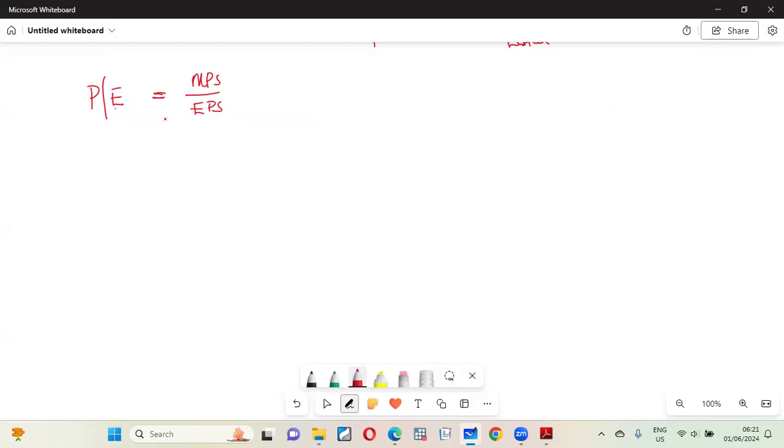So this is the PE ratio. But I've told you time and time again that when we are valuing a company, our focus is the MPS, is that not it? So if you change the subject of the formula, it will be the EPS multiplied by the PE ratio.